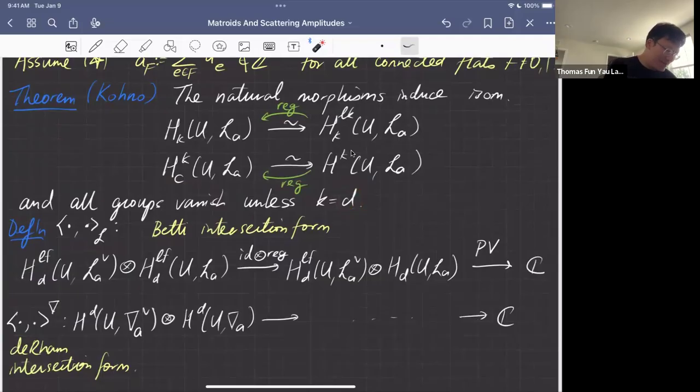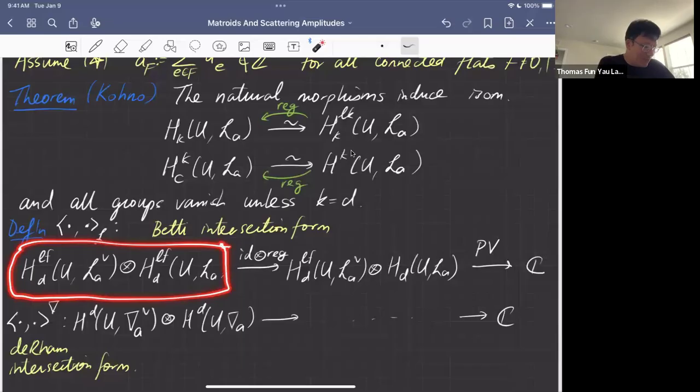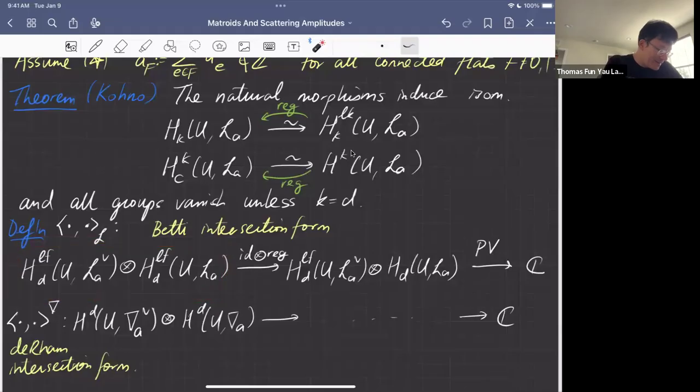Using this theorem of Kono, we can define these intersection forms on these twisted cohomology groups, and the definition is given here. There are a bunch of different variants, but let's do the variant for locally finite homology. I take two locally finite cycles and I want to pair them.